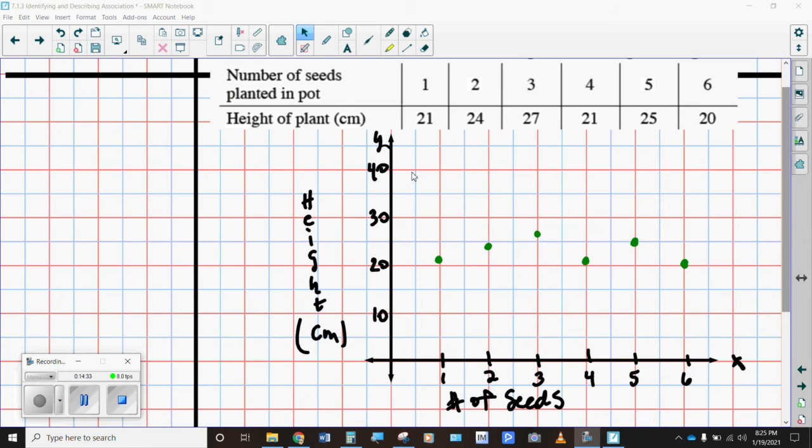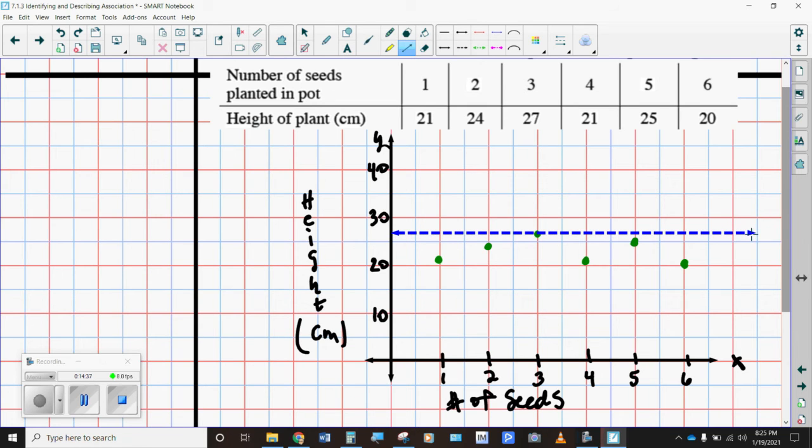I mean, here you've got this situation where none of them get more than 27 and none of them get lower than 20. So regardless of the number of seeds in there, they all fall within that range. So the number of seeds really didn't have much of an effect at all on the height.